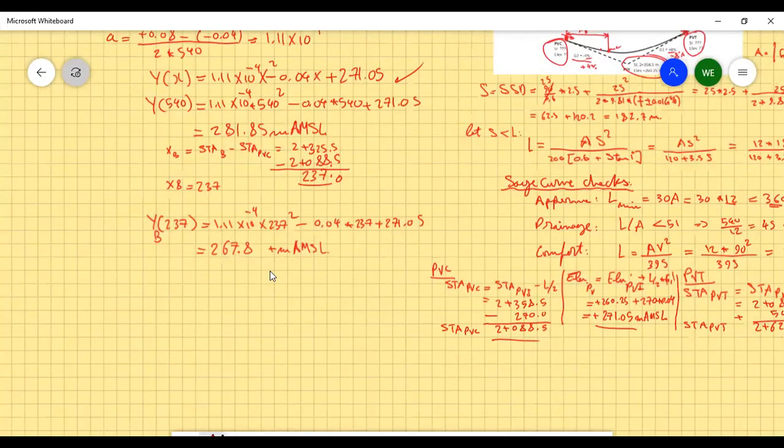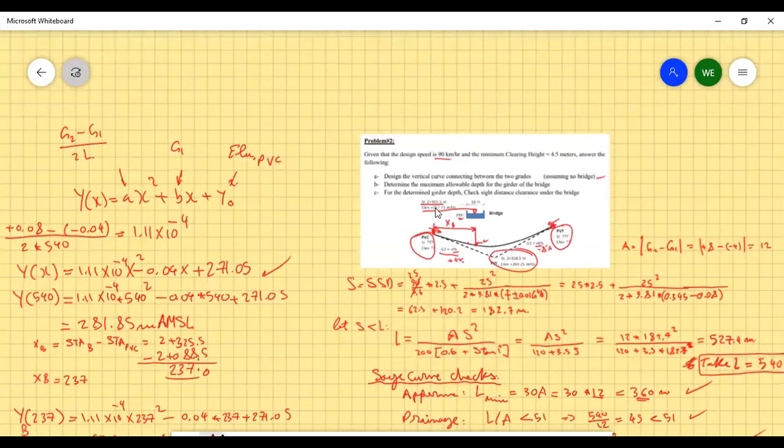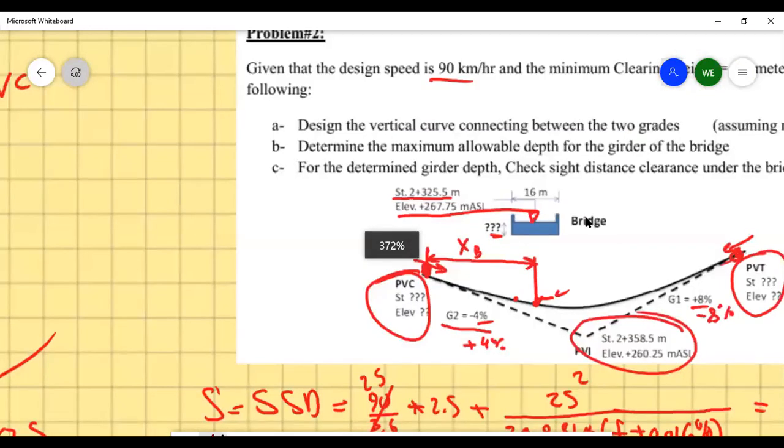Actually, the girder depth, I think there was a mistake here, and I think this was supposed to be plus 2 6, I think it was 3 meters, 3.5.